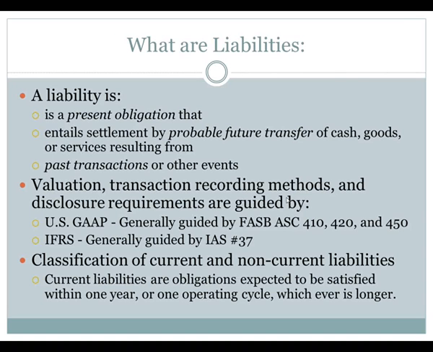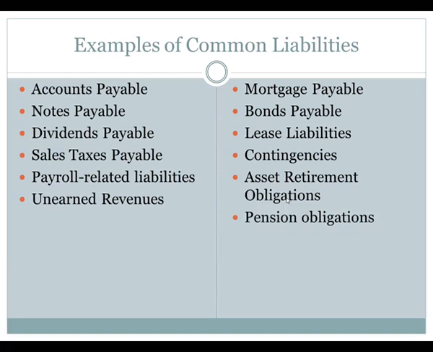And current liabilities are obligations that are expected to be satisfied within 1 year or one operating cycle, whichever is longer. In most cases, that means that current liabilities are going to be satisfied by the consumption or use of current assets.